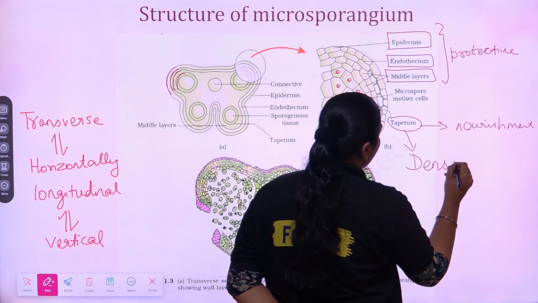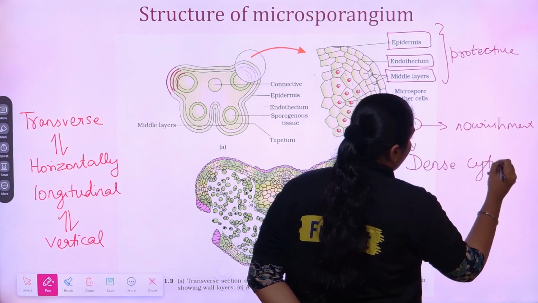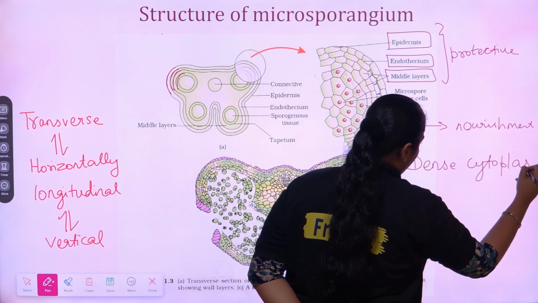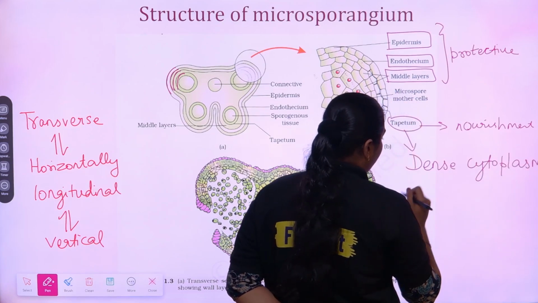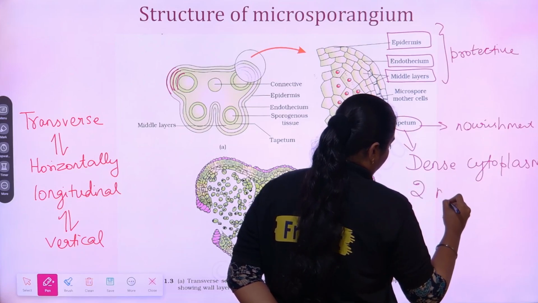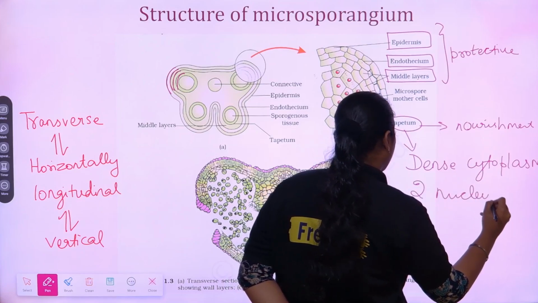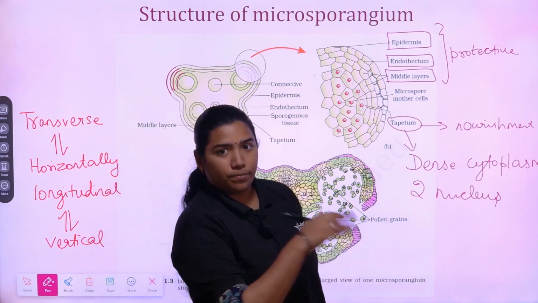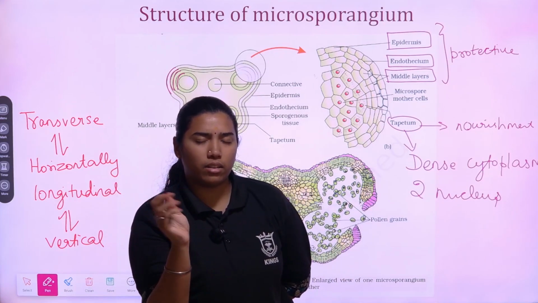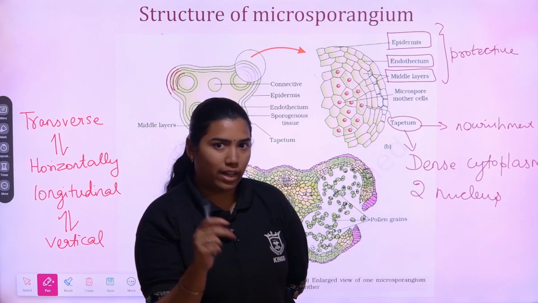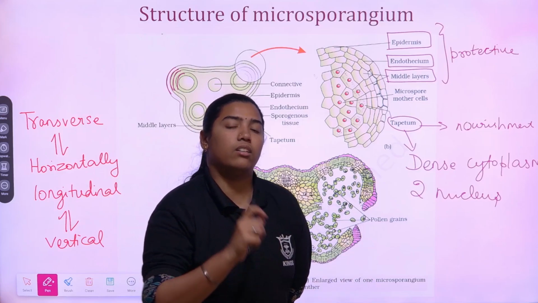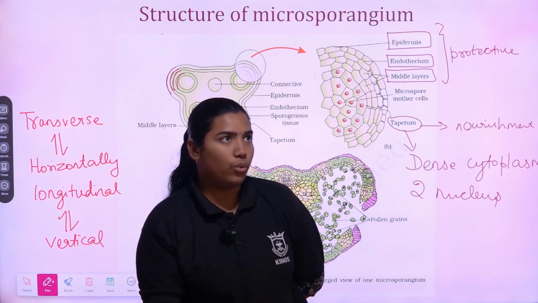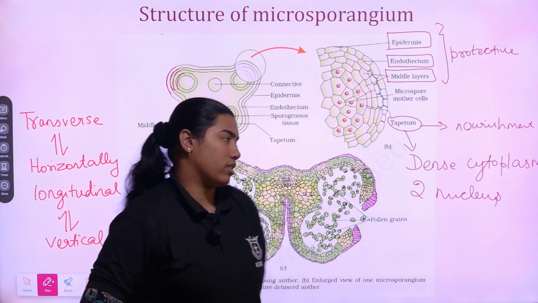Wherever you find something which plays a role in nourishment, it will have dense cytoplasm and may have 2 nuclei. Having 2 nuclei may not always be the case, but dense cytoplasm always happens. Think about how they get 2 nuclei. I'll explain it later, but think about it for a while.